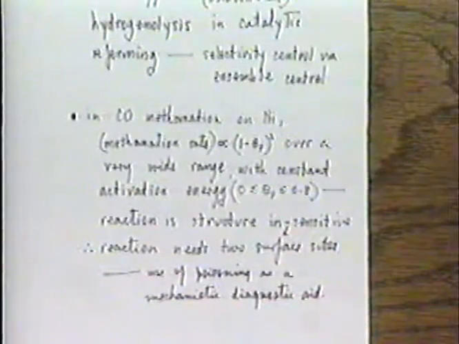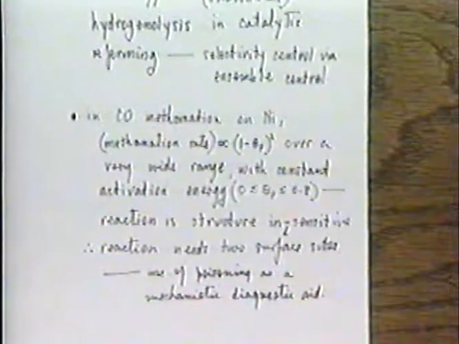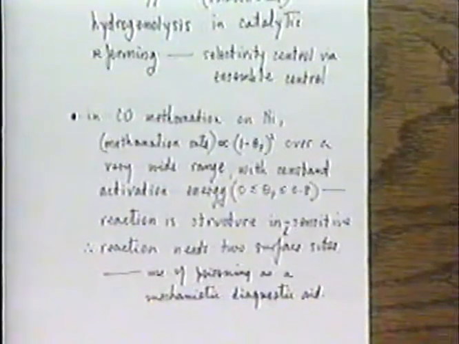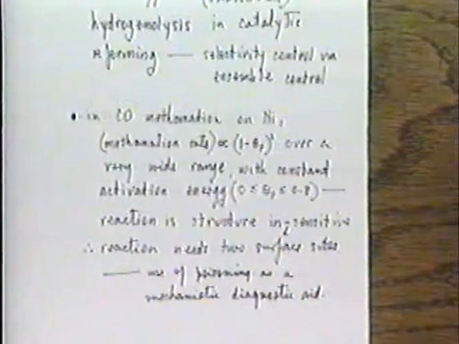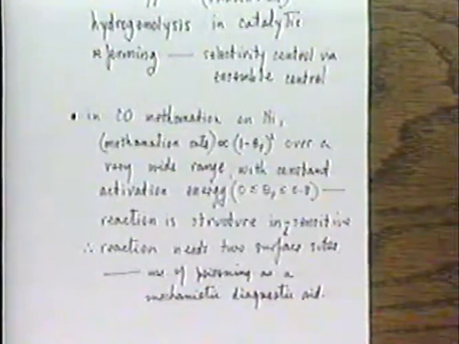In a study of the mechanism of carbon monoxide conversion to methane, the methanation of carbon monoxide on nickel, that's hydrogen plus carbon monoxide gives methane, use was made of the fact that the absorption of sulfur on the nickel surface removed, of course, nickel sites from being available for the reaction, and the way in which the kinetics of the reaction depended upon the concentration of sulfur on the surface enabled something to be said about the mechanism of the methanation process itself.